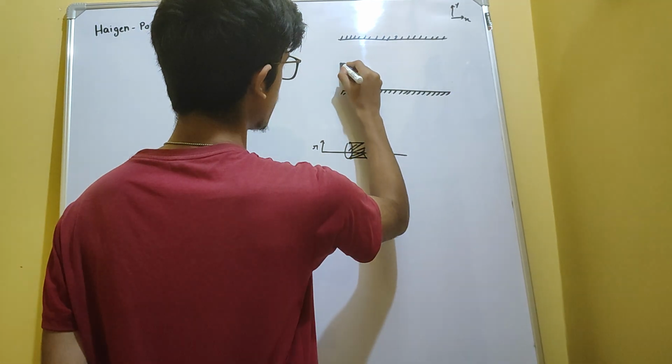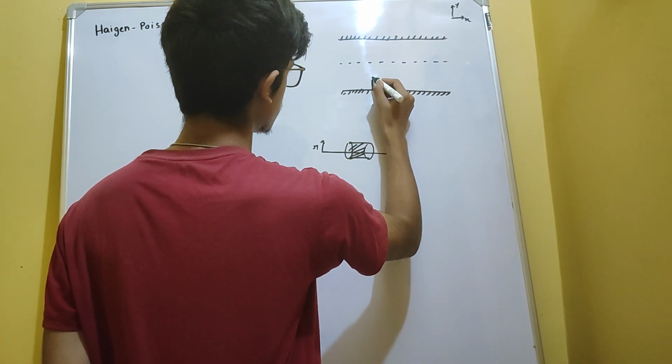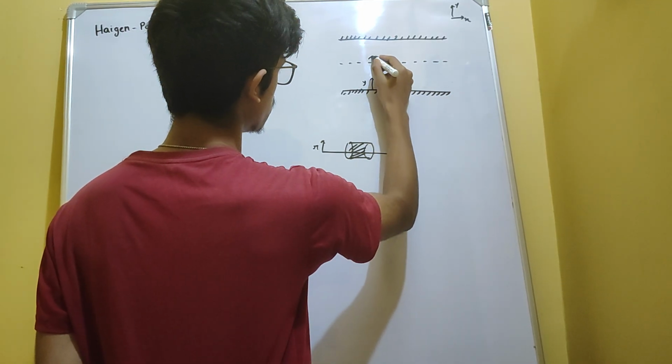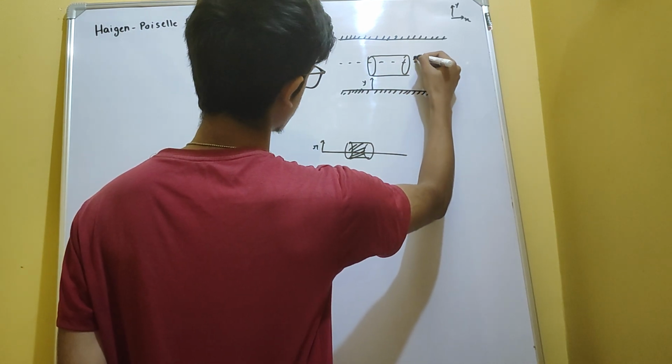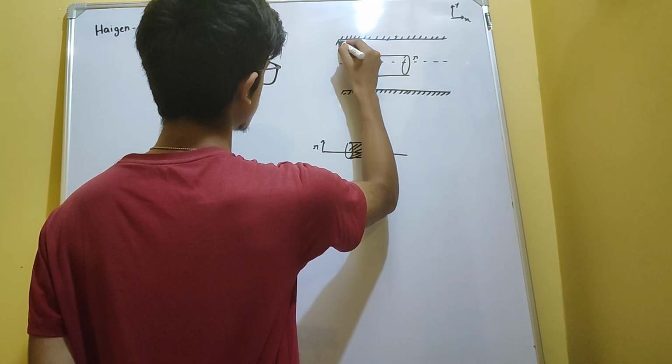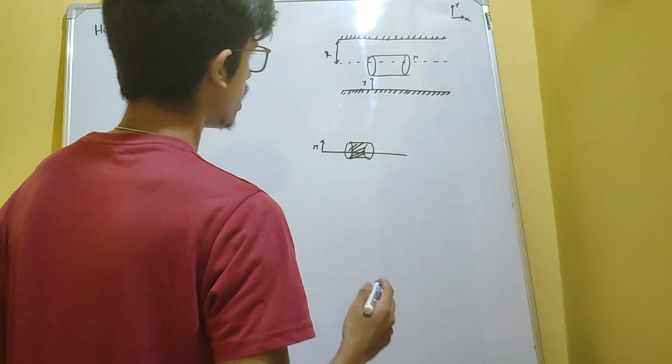But this time, this is our center line, and we will be selecting the element from a distance y from the wall. So here we have our element whose radius is smaller, and capital R is the radius of the circular pipe.